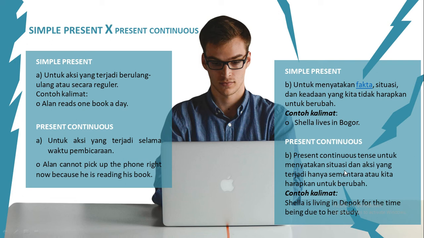But in simple present, the meaning of that sentence cannot be changed in the long time. For example, when we say Shala lives in Bogor, we cannot say that Shala will move to another town in the short time. But in the present continuous tense, it can, because it is only a short-time conversation that happens at that exact time.